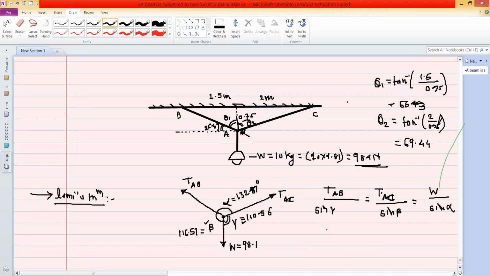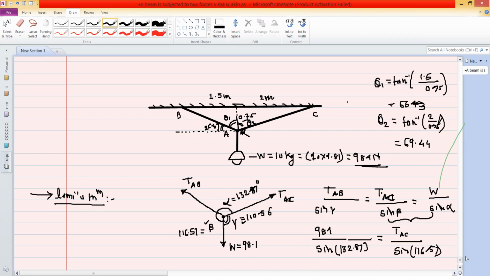Now just put the value. So W value is known, it is equal to 98.1 divided by sine alpha, which is 132.87. Select any two equations. So I am selecting W upon sine alpha and tension AC upon sine beta. So tension AC is unknown, divided by sine beta value, which is 116.57.